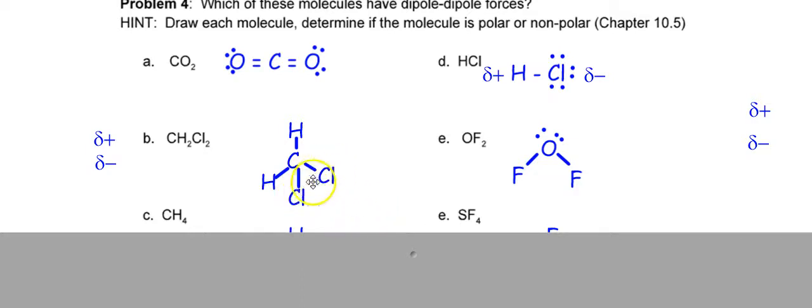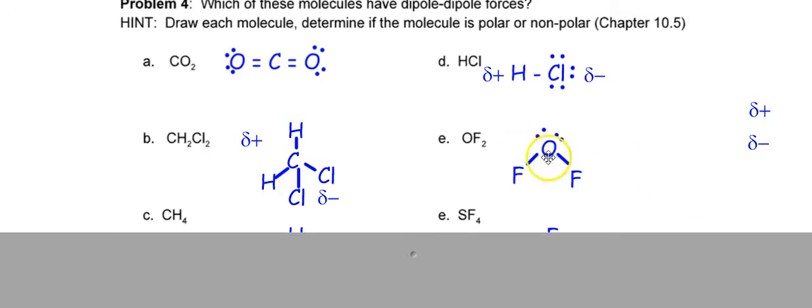So when I put these side by side over here, you'll notice that here's your partial negative and here's your partial positive. So this has a big four, and it is non-symmetrical, therefore it is a polar molecule. So what kind of forces will this have? This will have London dispersion and dipole-dipole.